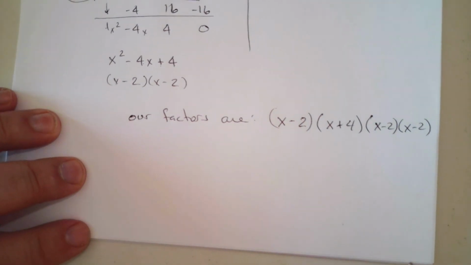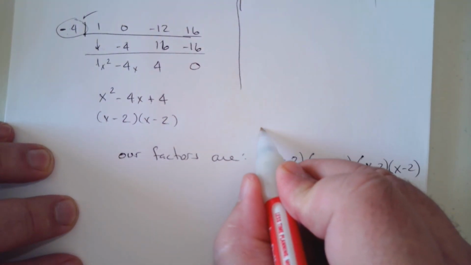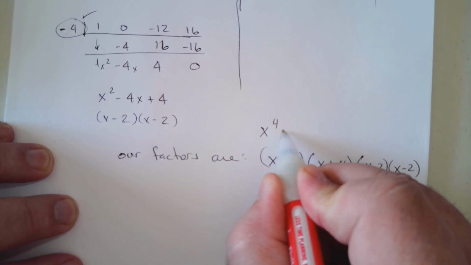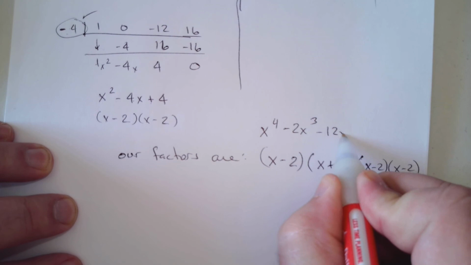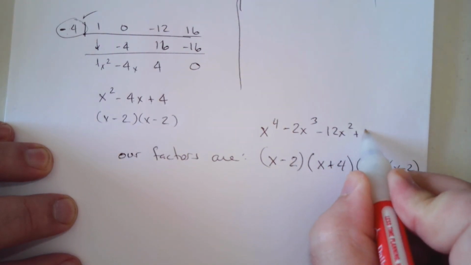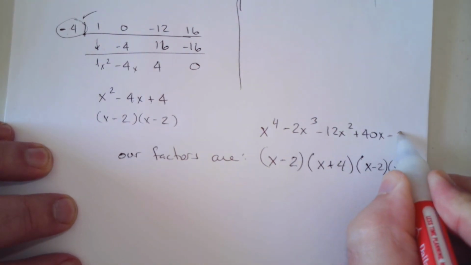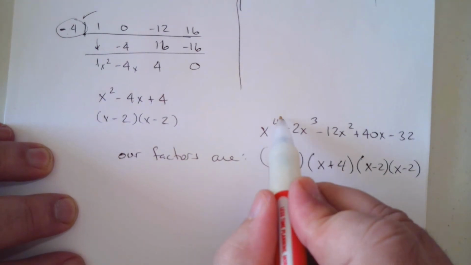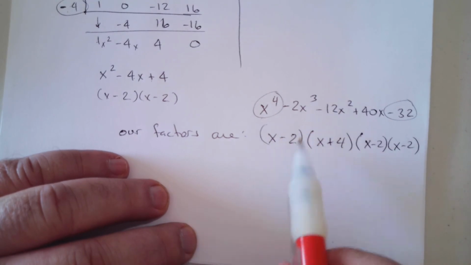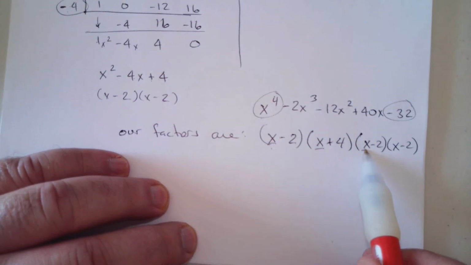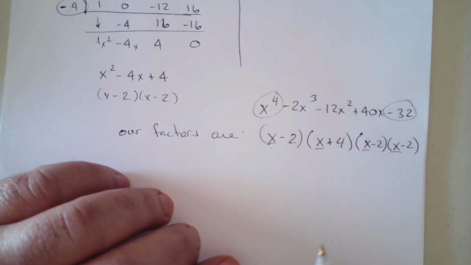And a good check of this thing. Remember, our equation was x to the 4th minus 2x cubed, 12x squared, 40x minus 32. Let's look at the first and last terms. The first term, x times x times x times x is x to the 4th.